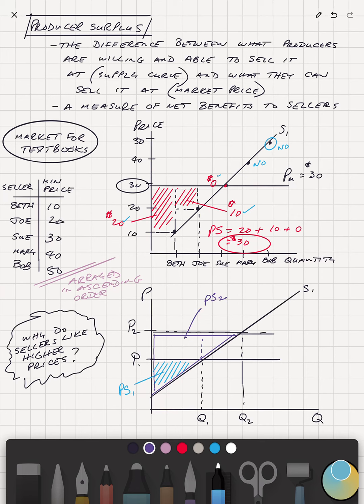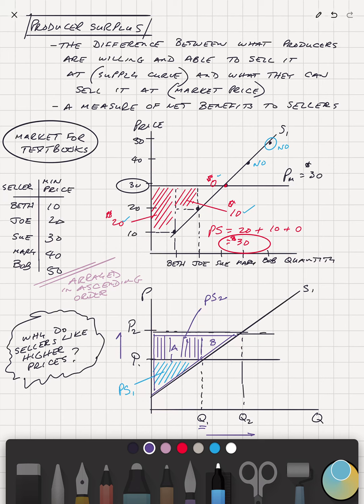It can be decomposed into two parts. It's a trapezoid on top of that triangle, that has A and B. What is A? A is the additional producer surplus to the original transactors, to the original sellers. We're stuck at Q1, but now each and every person in Q1 gets more producer surplus. As you raise the price, however, you increase the quantity supplied.